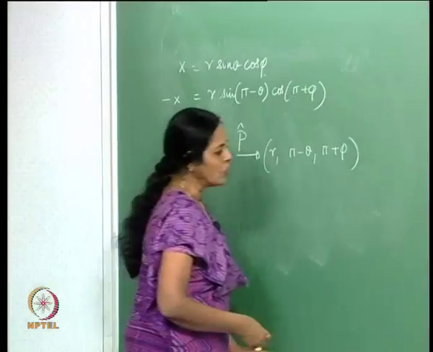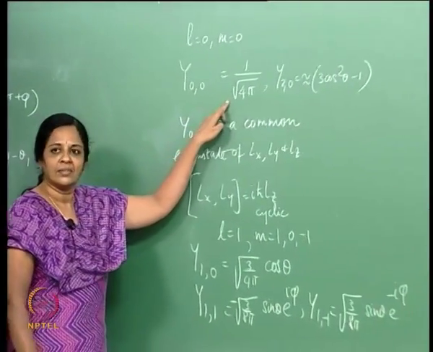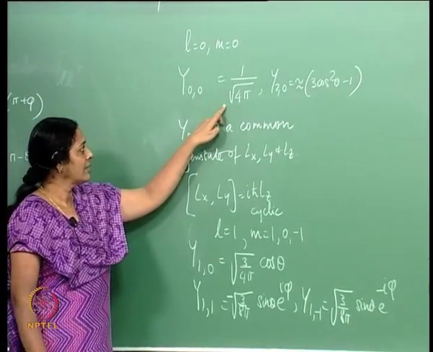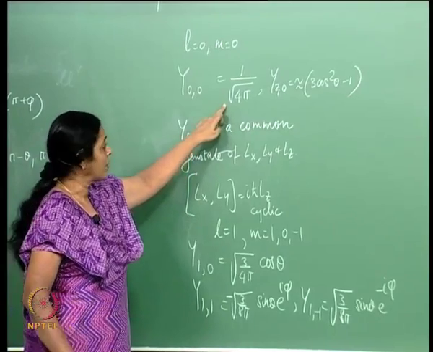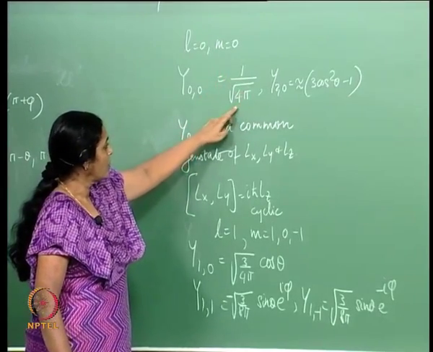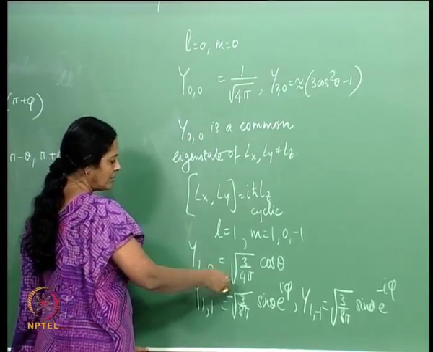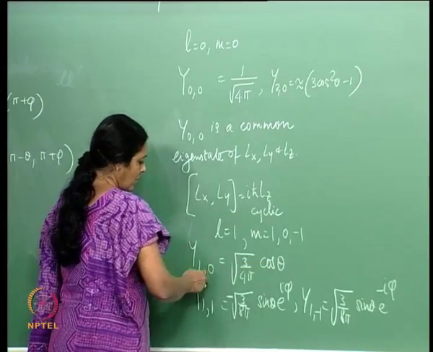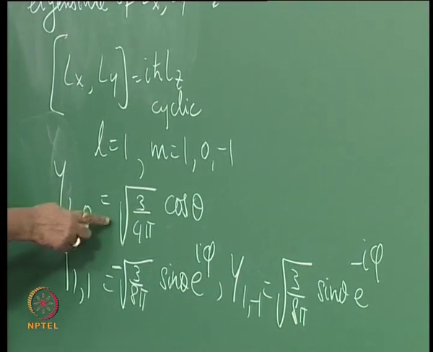So, what happens to the YLMs under parity? Y00 is a number. So, the fact that theta changes to pi minus theta and phi changes to pi plus phi does not affect Y00. Now, if you look at Y10, cos theta out here, under parity it becomes minus of itself.